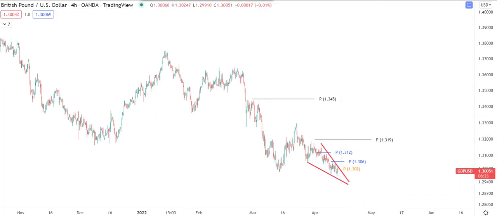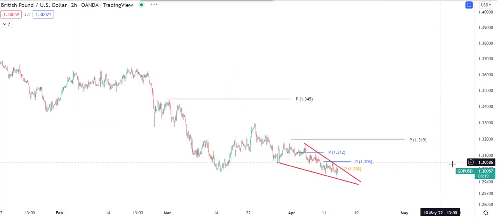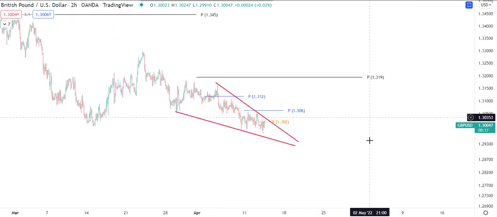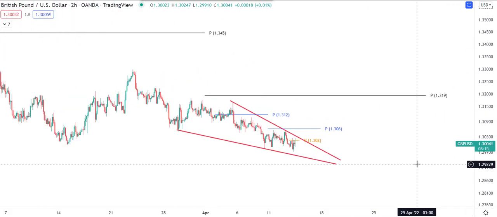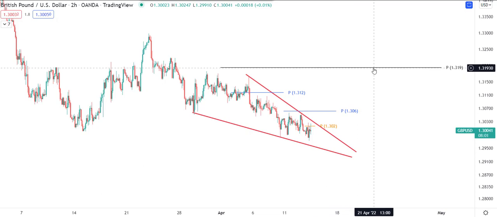But nevertheless, we were just talking about the pivot points. There is no confirmation yet that the bottom is in. We need to see price breaking above the weekly pivot at least at 130.60 to think that the bottom is in, and then look for pullbacks to buy and hold for that big push up to 132, 132.40.